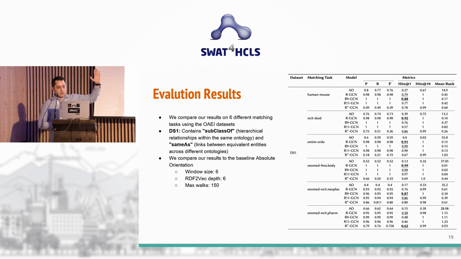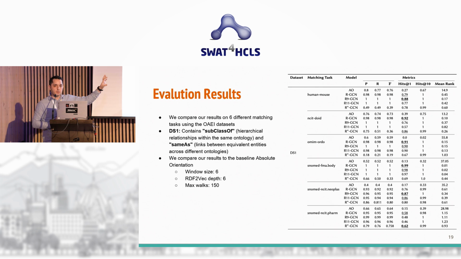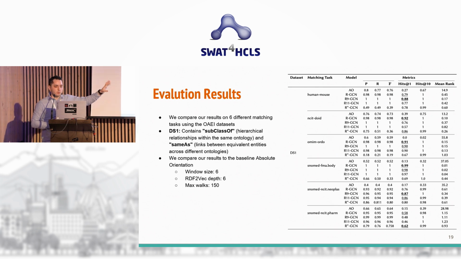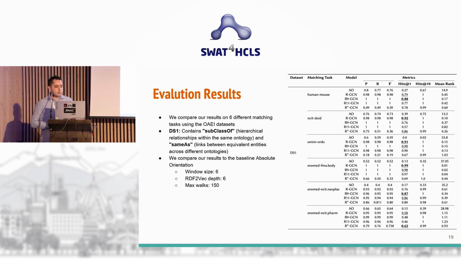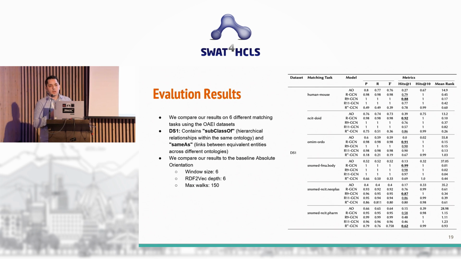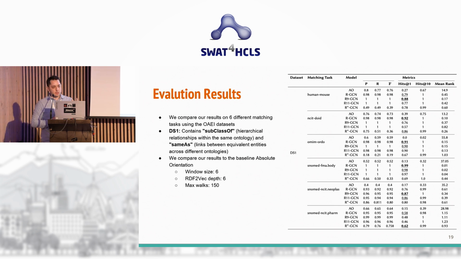In terms of models, I'm using here the absolute orientation (AO) as baseline, which I introduced earlier, and the R-GCN and the variations thereof: the R9 variation, R11 variation, and R star is everything together. And then we're showing precision, recall, F1 score, hits at 1 and 10, and mean rank.